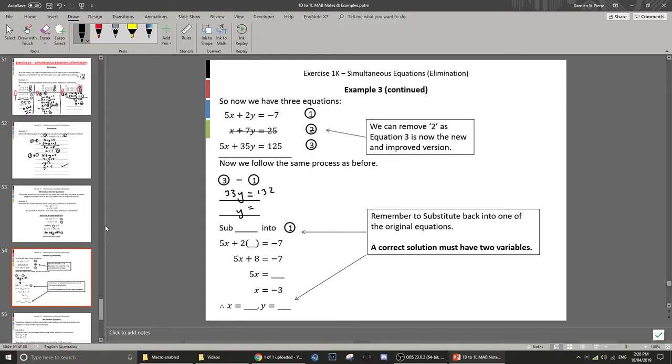So y is equal to 132 on 33. And let's do a quick check. 132 divided by 33.